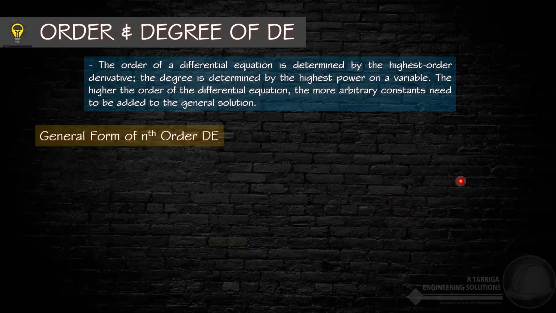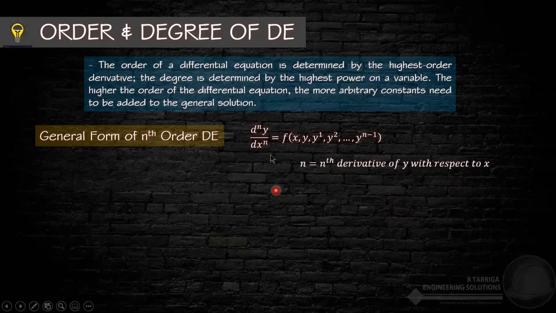So, the general form of nth order DE. So, generalize ko na lang siya, no? So, nth order DE is this one. So, d raised to n y over dx^n is equal to a function of x, y1, y2 until y(n-1).